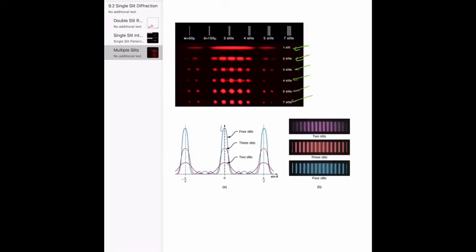especially if you contrast 2 and 7, we can see the fringe separation between the centres has stayed the same. That distance there is the same as that distance there. But those maxima have become clearer, they've become more defined.